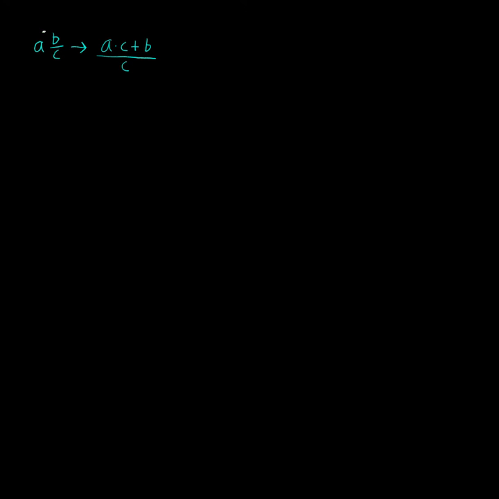This would be our mixed number, and this is our improper fraction. For example, if we were to convert 10 and 2/5 into an improper fraction, we would simply take 5 multiplied by 10 and get 50 plus 2, 52 fifths.